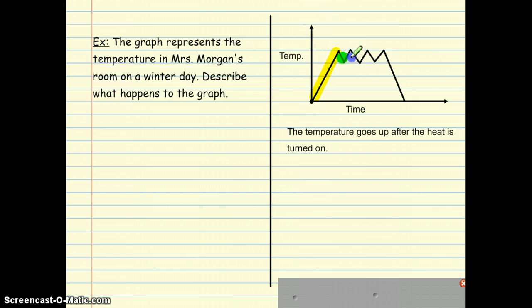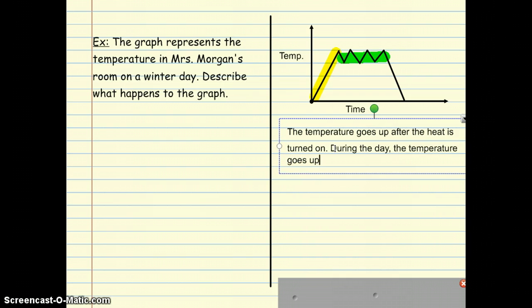In this middle section here, this is during the day. During the day, the temperature goes up and down a little, just throughout the day.